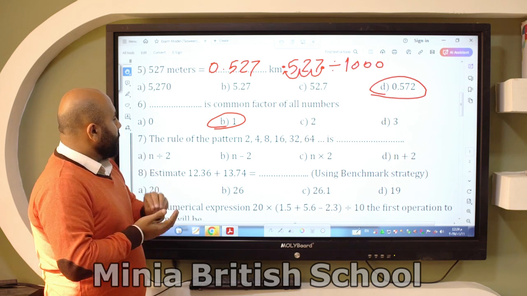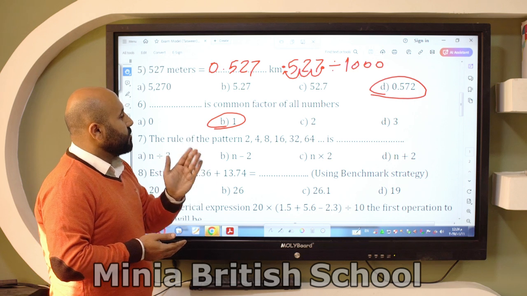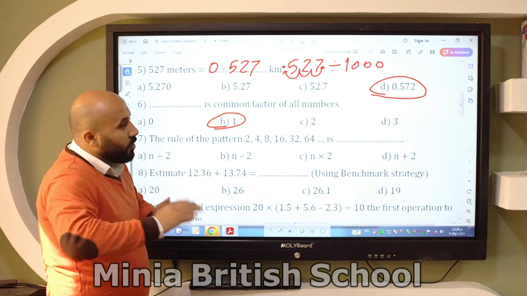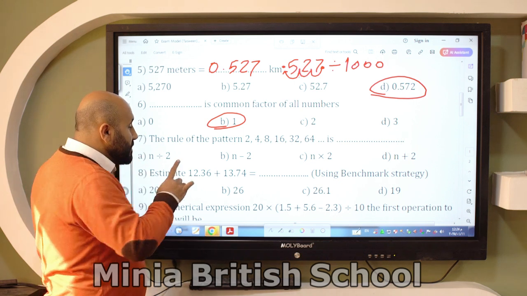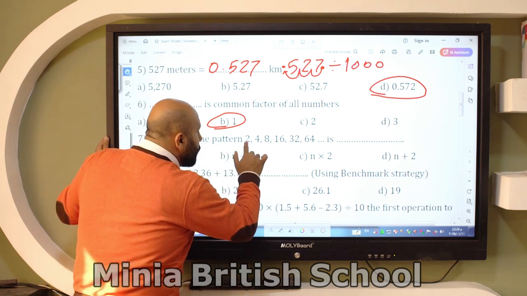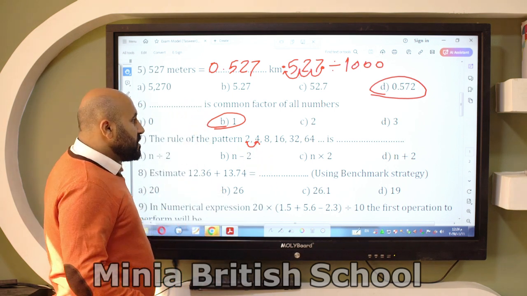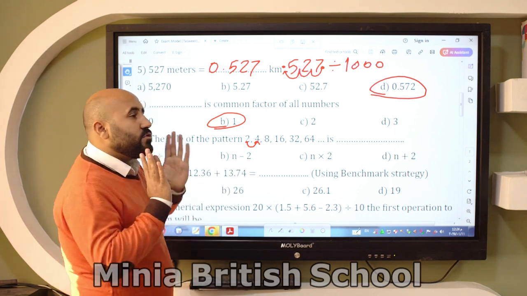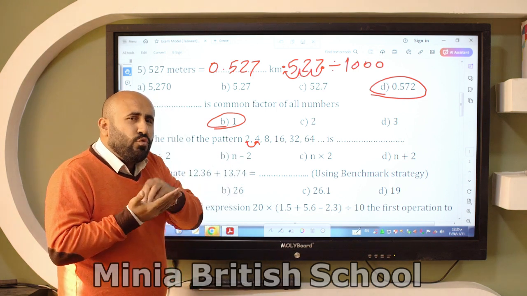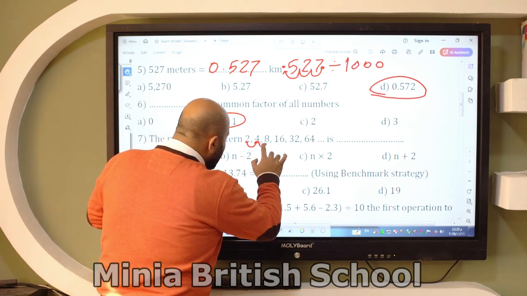The rule of the pattern: 2, 4, 8, 16, 32, 64, and so on. To determine the rule, I must see the numbers. Ask yourself, what happened to the 2 to become 4? You say it may be plus 2 and maybe times 2. If I assume it's plus 2, then 4 plus 2 must be 6.